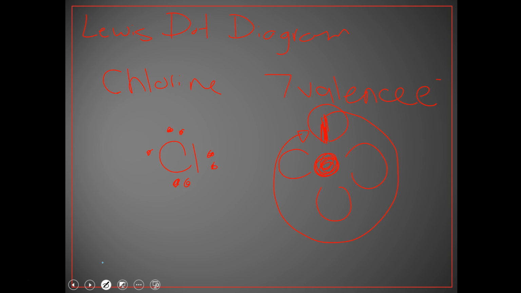Otherwise, your dot diagram will be incomplete, which then extends into 3D shapes. Obviously, you can't really mess up the shape of fluorine, whether there's 1 valence electron here or wherever, it's not going to matter. But for something like oxygen, for example, oxygen is in group 16, so it has 6 valence electrons. So 1, 2, 3, 4, 5, 6.